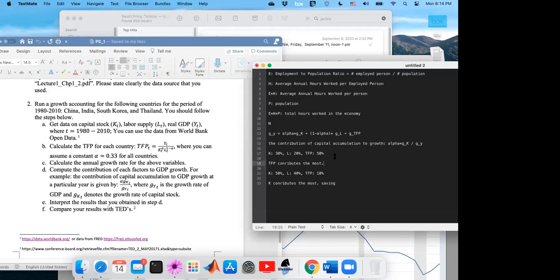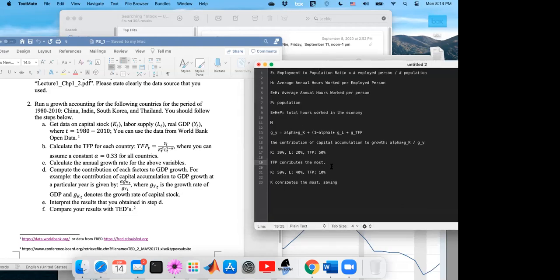Well, yes. I haven't explained the background, because right now I just give you a black box, right? In terms of this equation, why K contributes the most, and it can be from saving. But this is exactly what we're going to discuss next. But in this homework, that's what you're supposed to understand. Here I just give you two fictional examples, right?